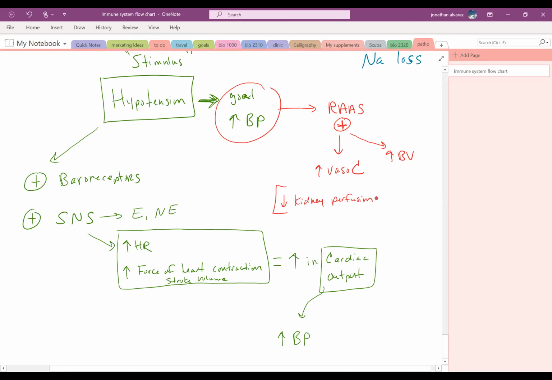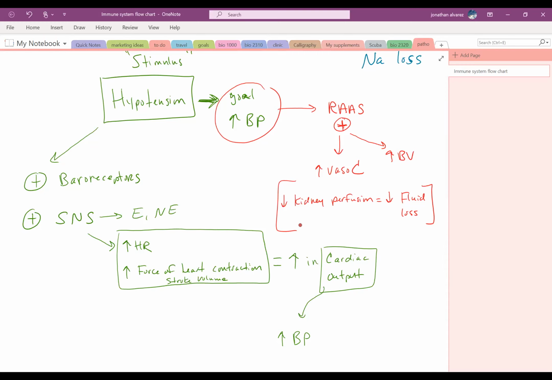Okay, perfusion is a fancy word for fluid loss. Okay, so if there's too much perfusion, you're losing too much fluid.